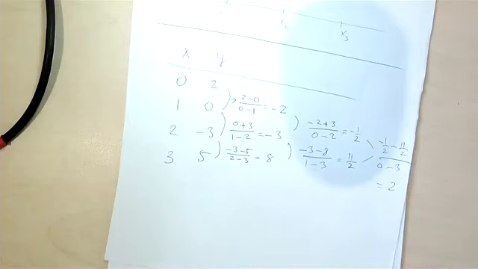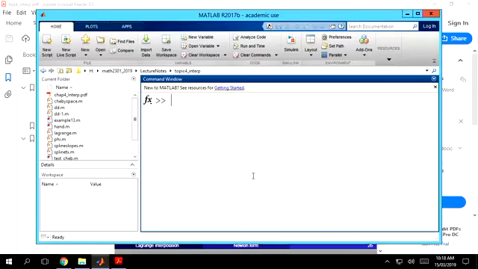So suppose I run this program. Suppose my x data is essentially 0, 1, 2, 3, and the y data is 2, 0, minus 3, 5.